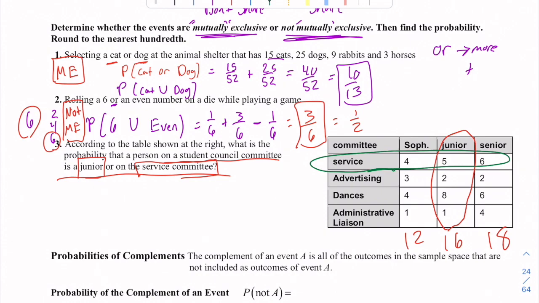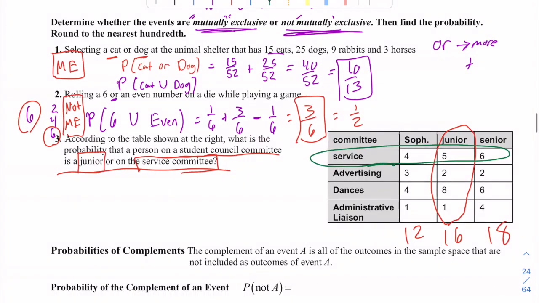Okay. So, service committee, there's about 15? Okay. But remember, you're counting them twice, right? So this is where the intersection, that 5, right? You gotta subtract that because you're counting it twice, right? Because the total isn't 16 plus 15, right? That's 31. So let's kind of show the math here.